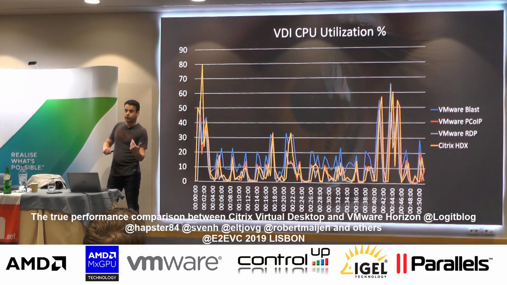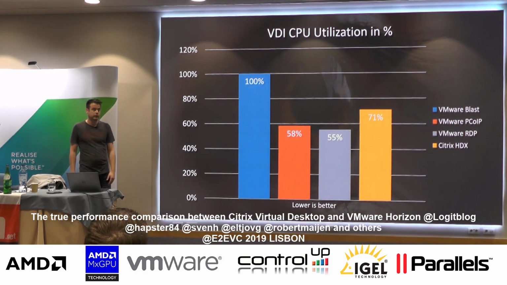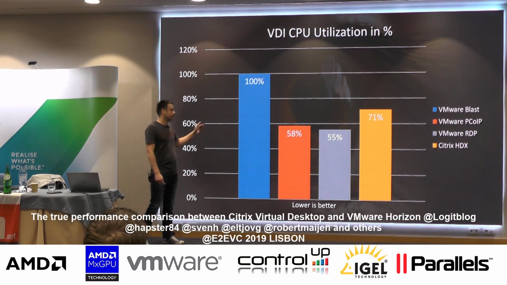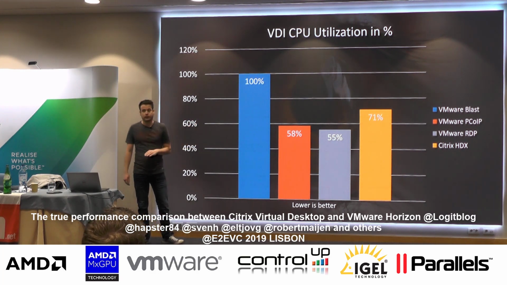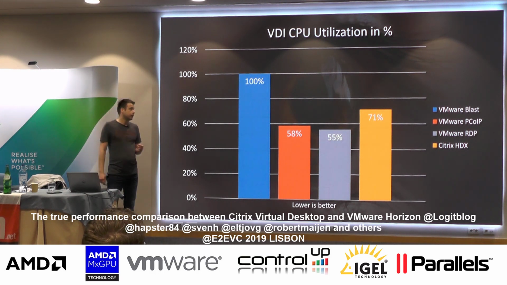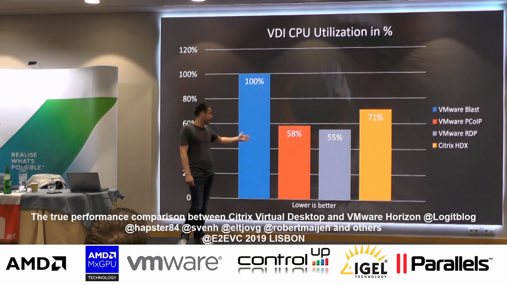When converting that towards a percentage, it looked like this. We do see that when using PC over IP, you got reduced utilization within the VDI itself. It's also true for Citrix, but comparing that towards PC over IP, it's a little bit higher.